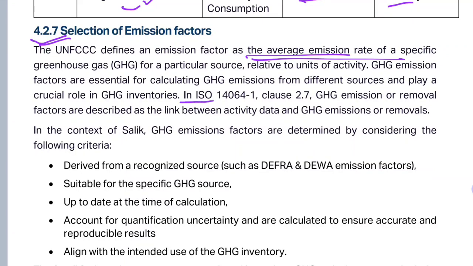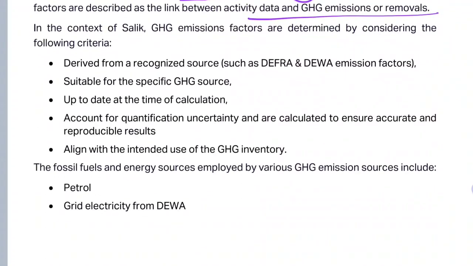So as per ISO 14064 clause number 2.7, emission or removal factors are described as the link between activity data and the GHG emission or removal. In the context of GHG emission factors for Salik, these are determined by considering the following criteria.